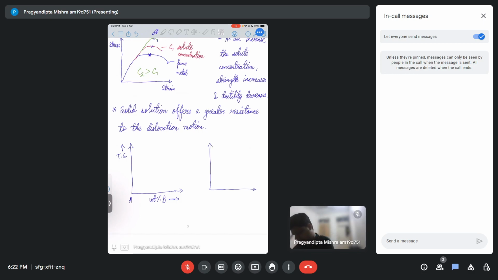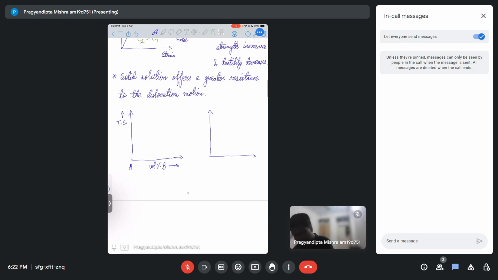On the second graph, we are plotting elongation versus weight percent B again, increasing on this side.